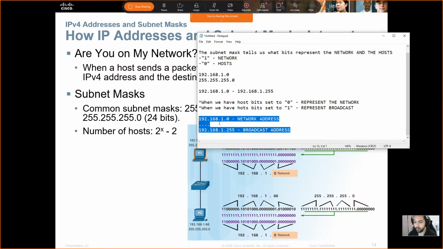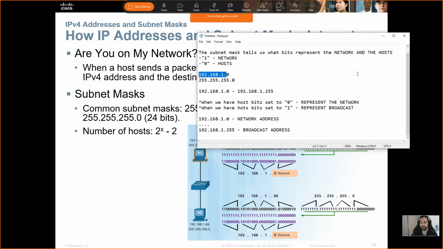So for example, in our Cisco Packet Tracer, we had two computers, correct? And I told you guys, these computers need to be in the same network, and I gave you the address 192.168.1.0. So when I'm giving you this address 192.168.1.0, and I tell you the subnet mask is 255.255.255.0, I'm actually telling you with the subnet mask the first three portions of the address you cannot change in the same network.